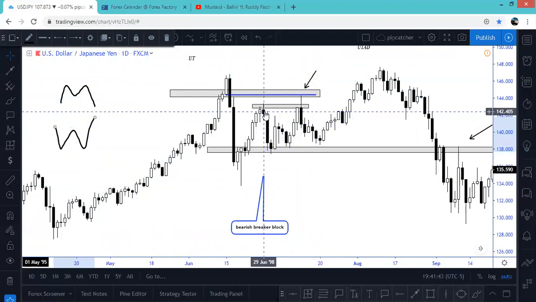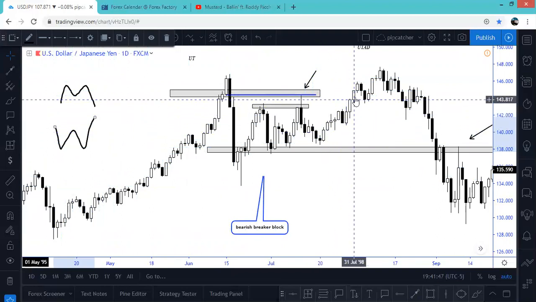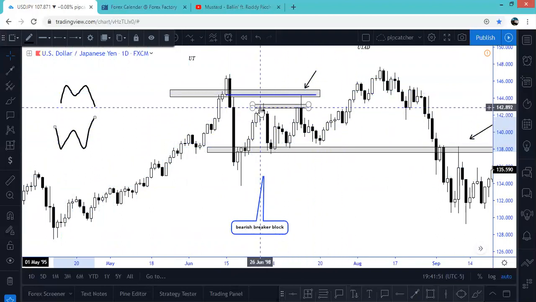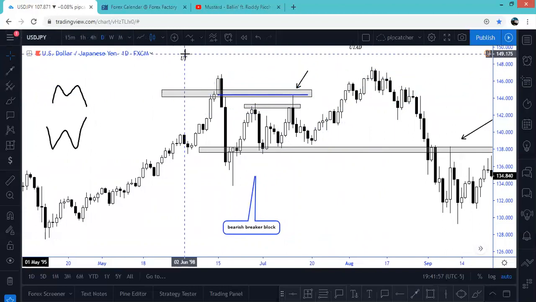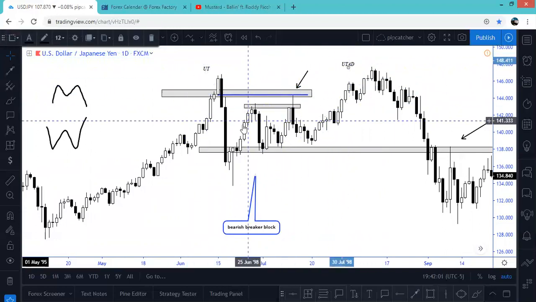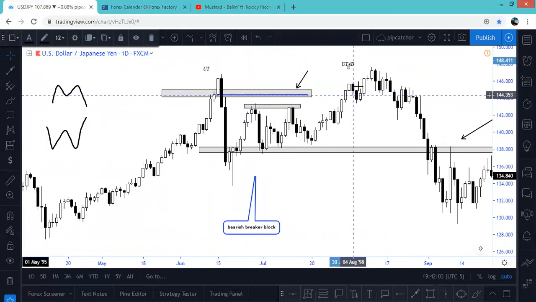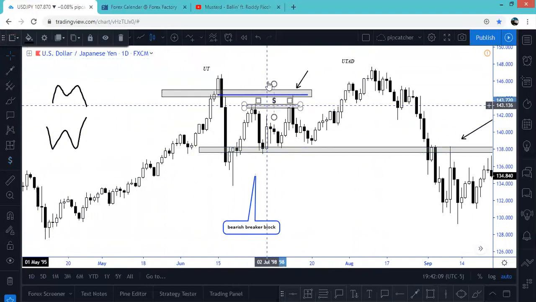Okay, so yes, we got a good entry right here, and it came back. And before it came back, we should have realized already that there were equal highs here. So what happened, right? We have this up thrust. We have equal highs right here and captured liquidity to the upside.